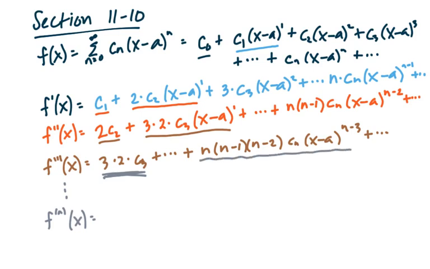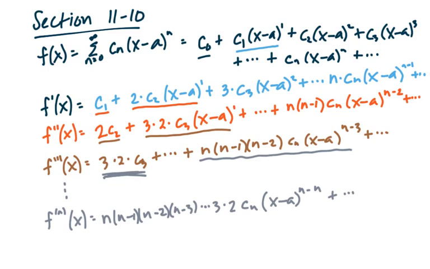So on the nth derivative, we have n times (n minus 1) times (n minus 2) times (n minus 3), all the way down to 3 times 2 times c sub n. And here we'll have (x minus a) to the n minus n, because it's our nth derivative, plus other terms.